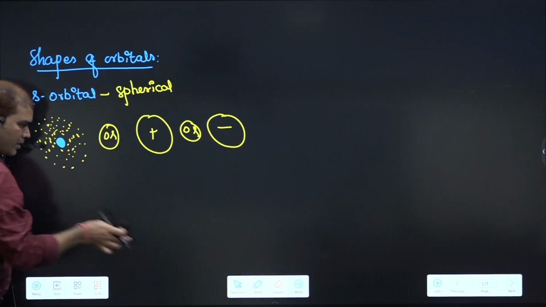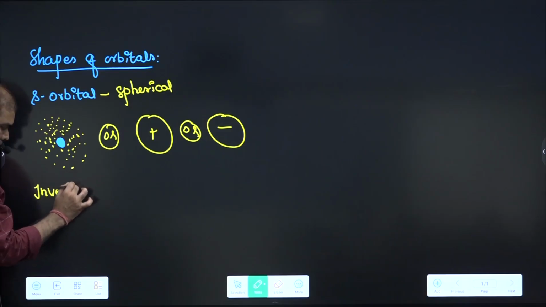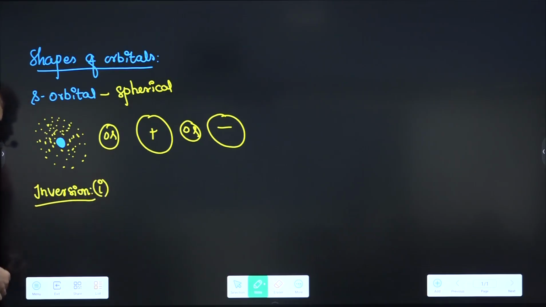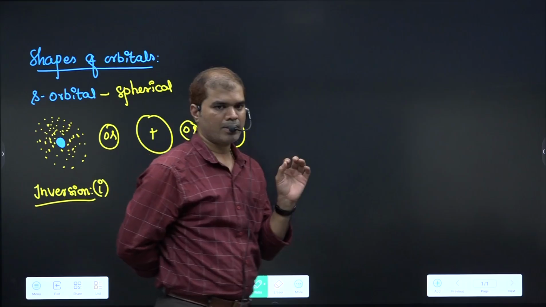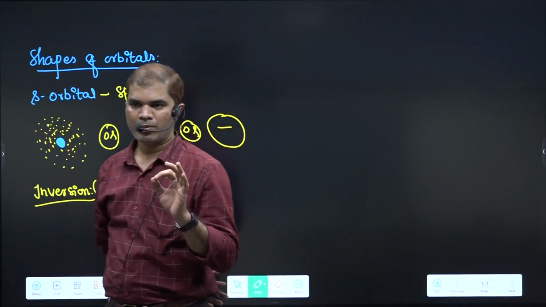Now here I'll introduce another important point. We are aware of symmetry elements. There is an element called inversion. Okay, what is this inversion? Suppose I take any object.